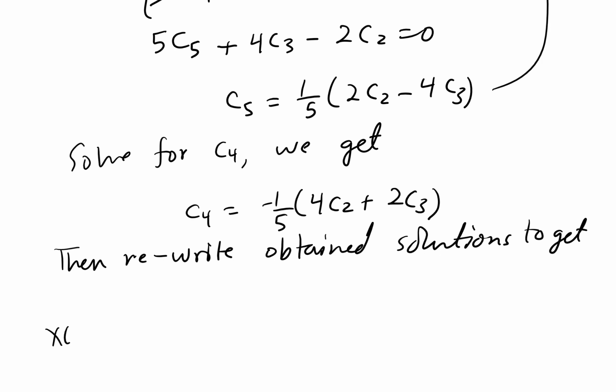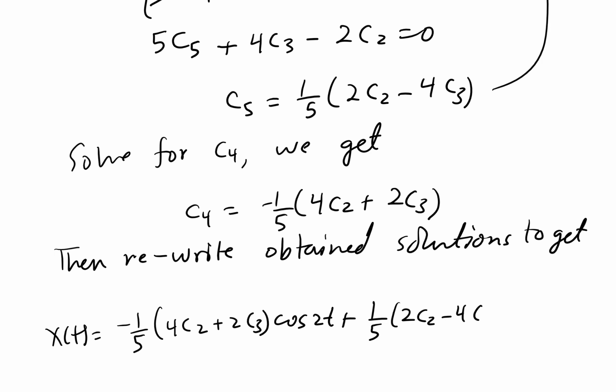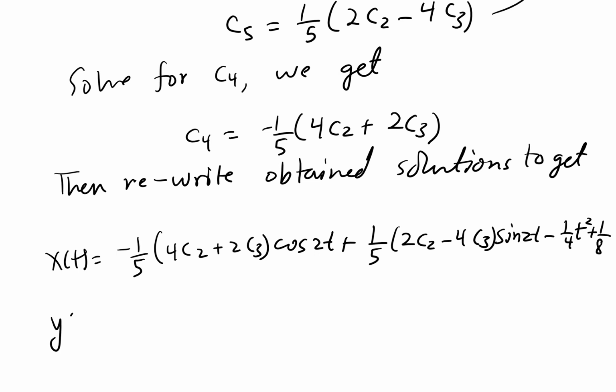X of t is, I'm going to replace the c4 with negative 1/5 (4c2 plus 2c3) cosine 2t and 1/5 (2c2 minus 4c3) sine 2t minus 1/4 t squared plus 1/8, and y of t is c1 plus c2 cosine 2t.